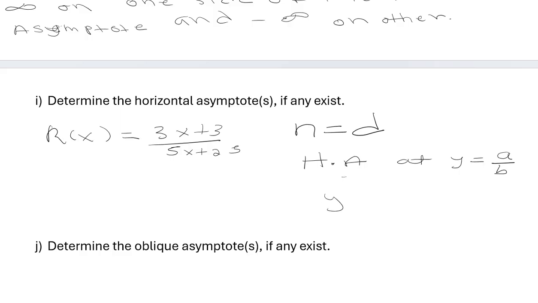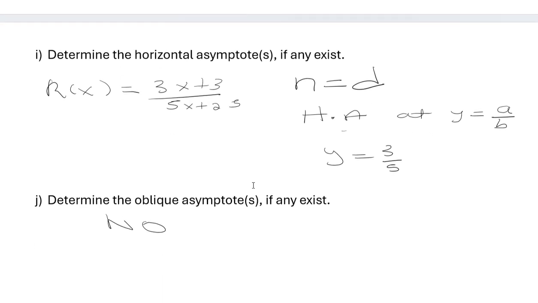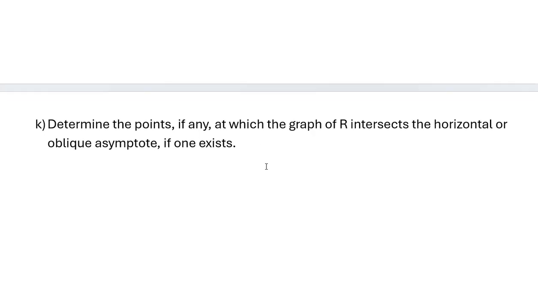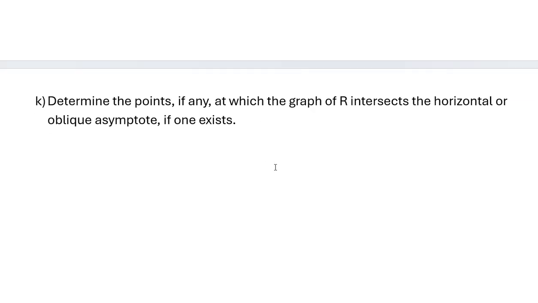In this case, that will be y equals 3 over 5. And if I have a horizontal asymptote, I do not have an oblique asymptote. So let's move on to the next part.